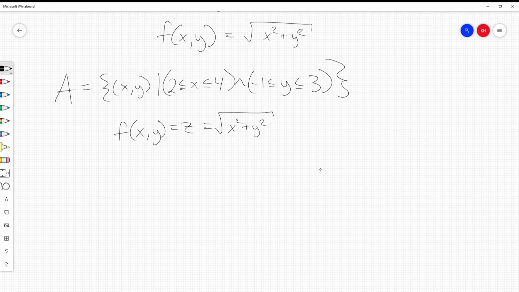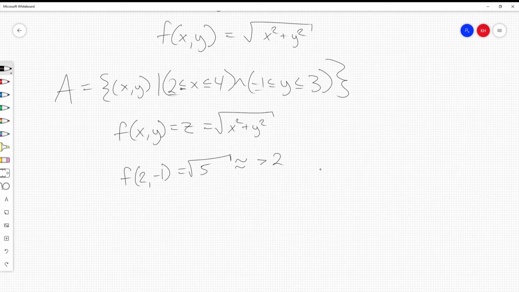So in order to give the image, let's first find the minimal value that we can get out of this function. Let's plug in the two smallest values possible, so 2 and -1. We'll get f of (2, -1), which is 4 plus 1, so the square root of 5, which is greater than 2 at least. I don't know exactly what that is, but it is that.